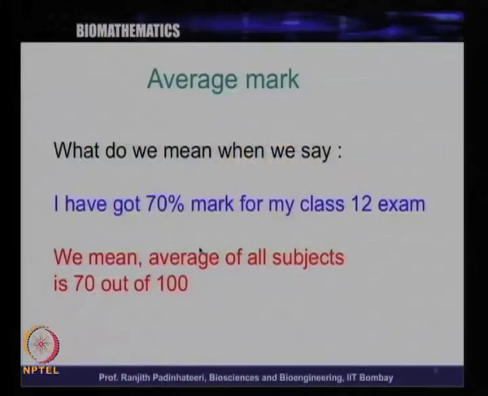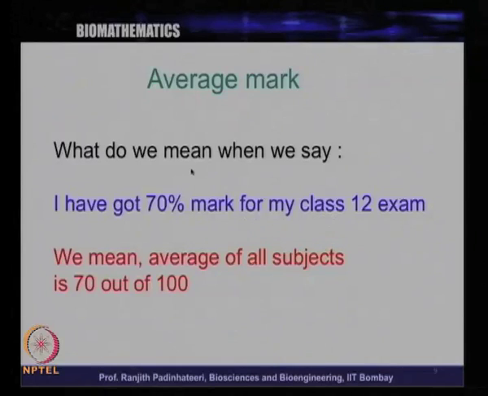Now, let us take another example. You might have also said, for example, my mark is 70%. Let us say, we often say that I have got 70% of marks for my class 12 exam.